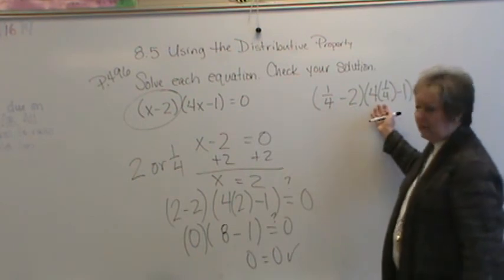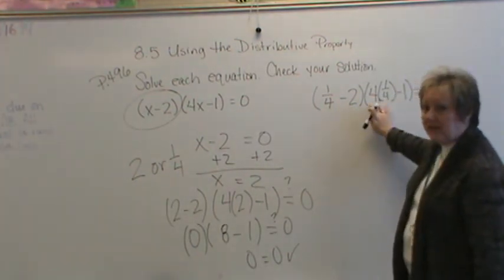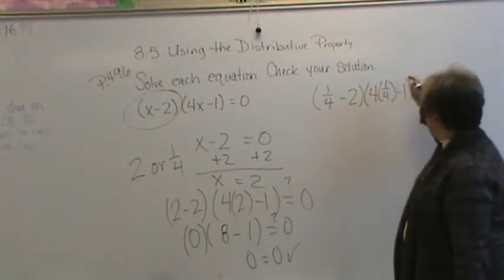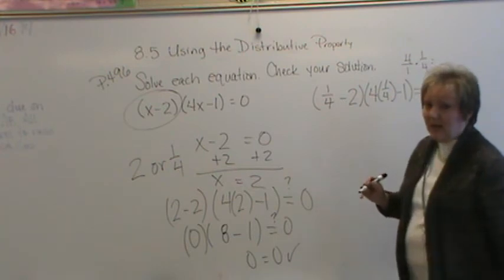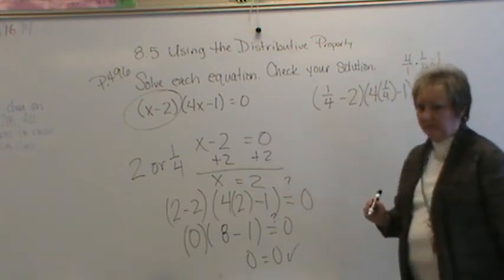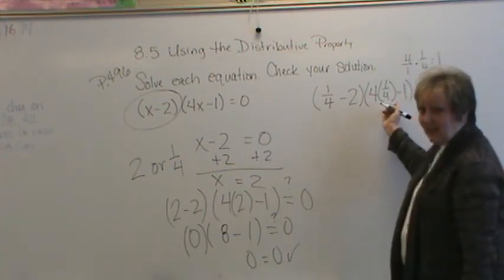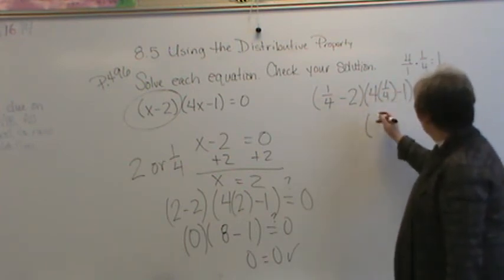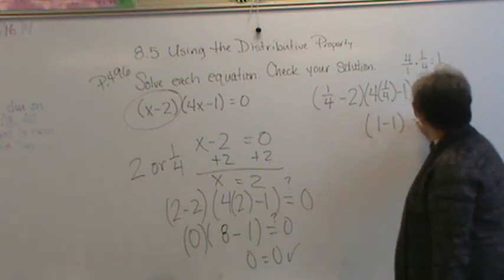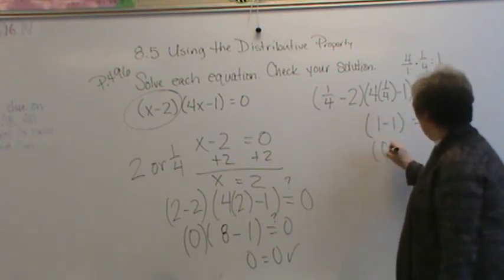I've got reciprocals of each other. When I multiply the reciprocals, 4 over 1 times 1 over 4, my answer is going to be 1. So in the second group of terms, I've got 1 minus 1. That equals 0.